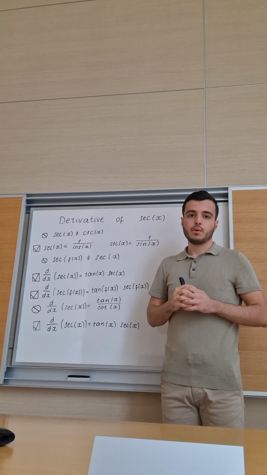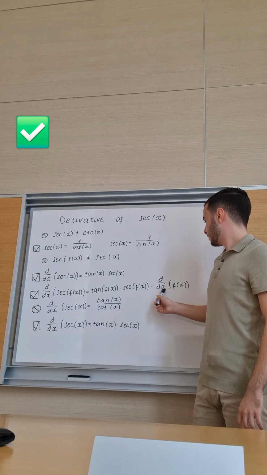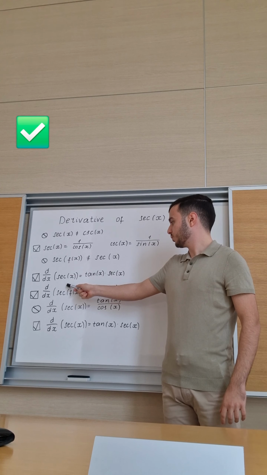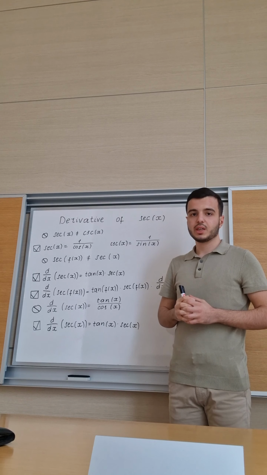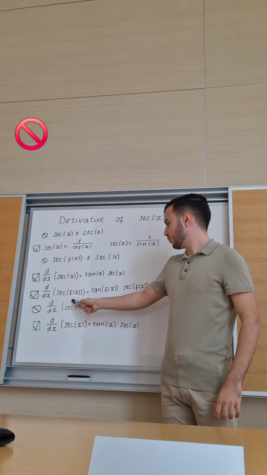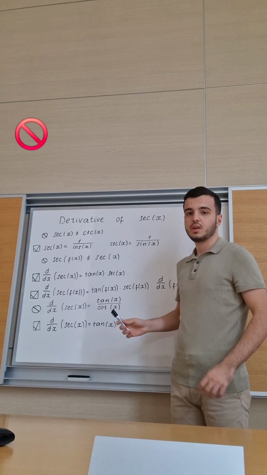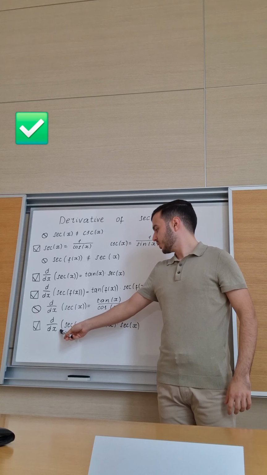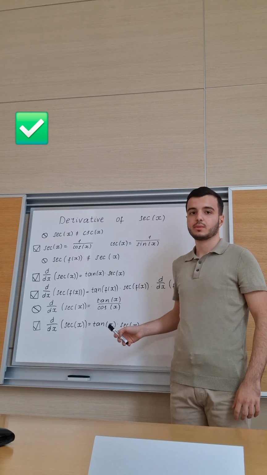Remember, always multiply by the derivative of the inside when you take the derivative of secant of f of x. Mistake number 3 is writing the derivative of secant of x as tangent x over cosine x. No, stick with the clean form. The derivative of secant of x is tangent x multiplied by secant of x.